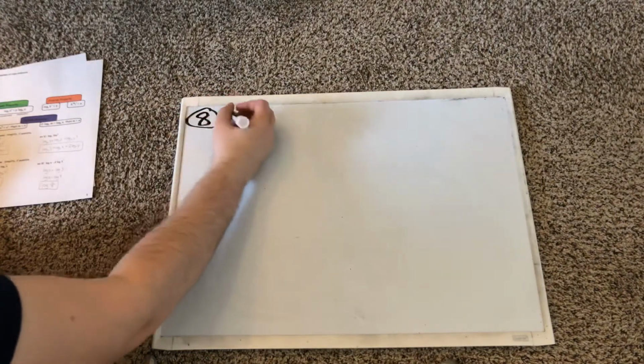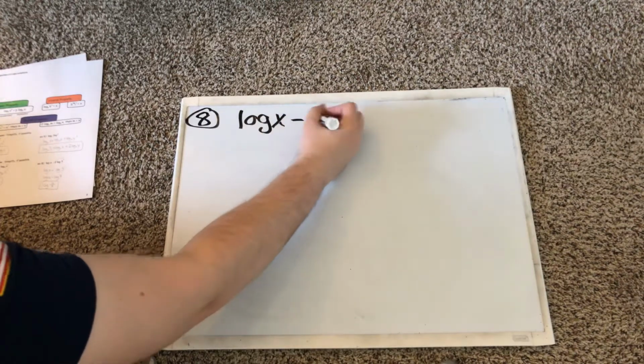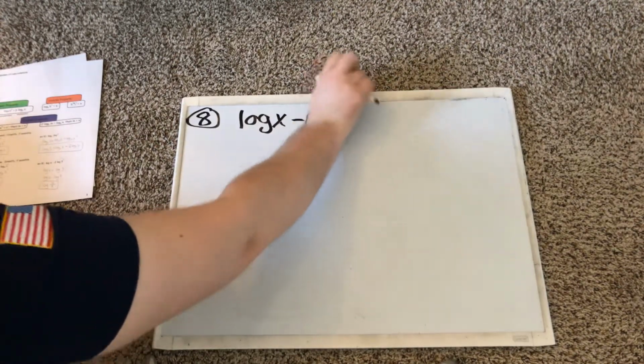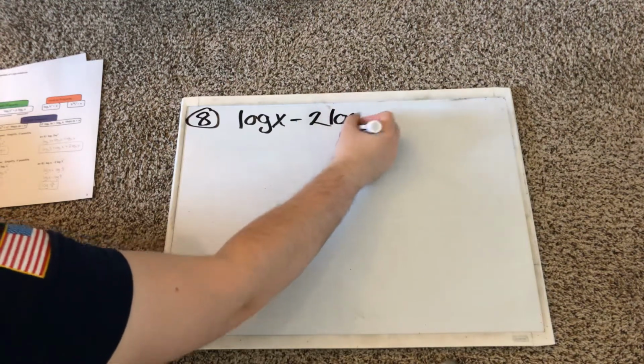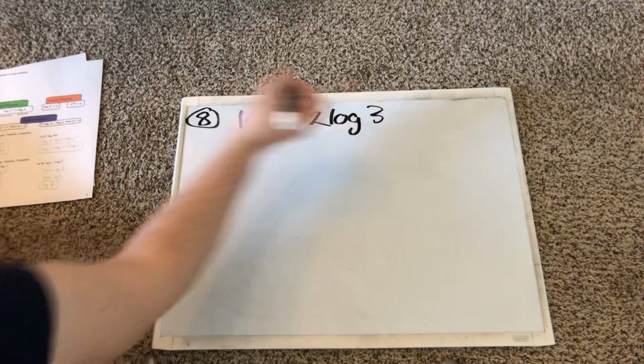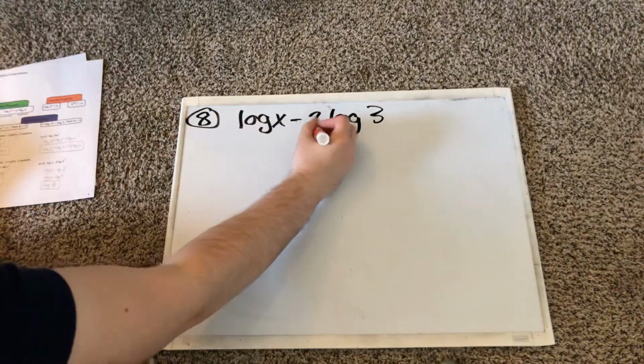Number 8. I got log x minus 2 log 3. So first thing, we want to get rid of the exponent things first. We want to get rid of these numbers out in front.